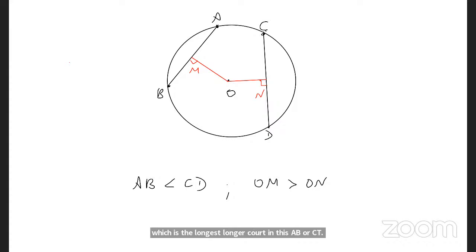CD, right? Yes, CD is the longer chord. So CD will have the shorter distance. ON, you can see, is the shorter distance here, because CD is closer to the center point O.